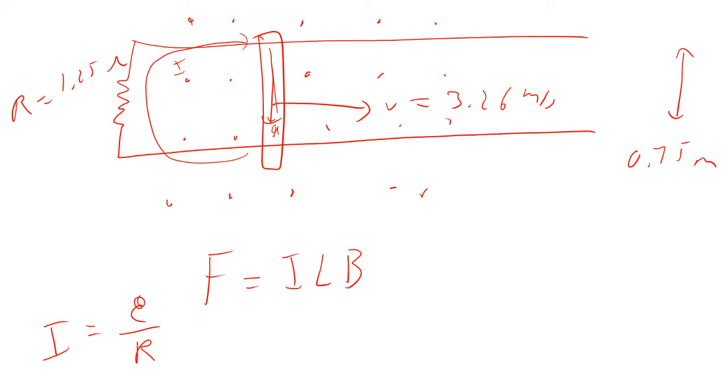So how do we find the EMF? Well, this is motional EMF. So the motional EMF is going to be the velocity times the length times the magnetic field.